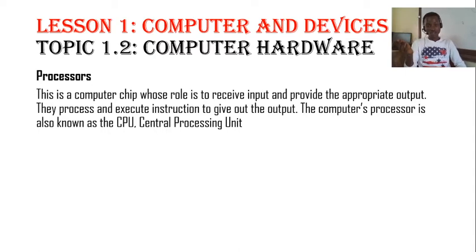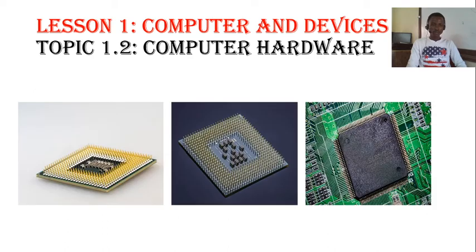The microwave has its own processor. Our phones have their own processors, and so forth. So what we're supposed to know is that the processor, or the central processing unit, is a chip whose role is to receive input or data and provide the appropriate output, which we can also call information. So that is the processor.